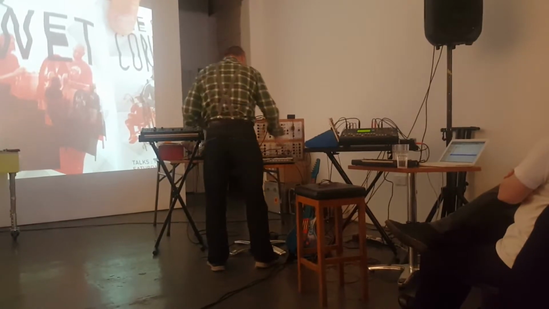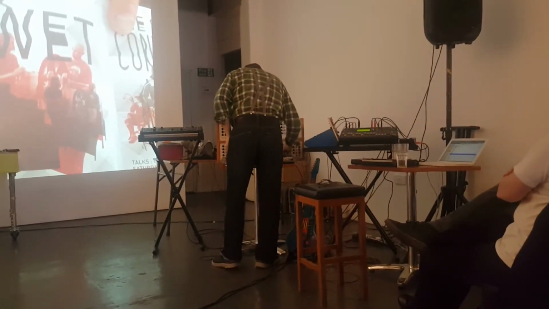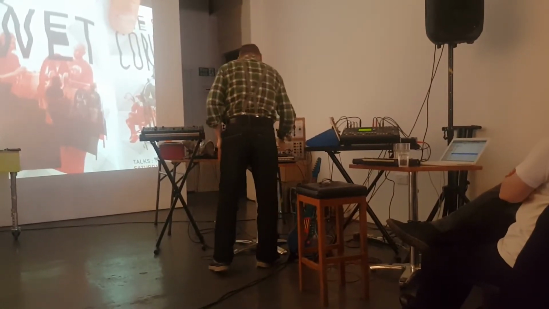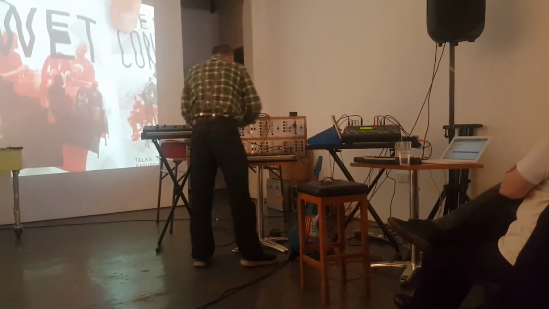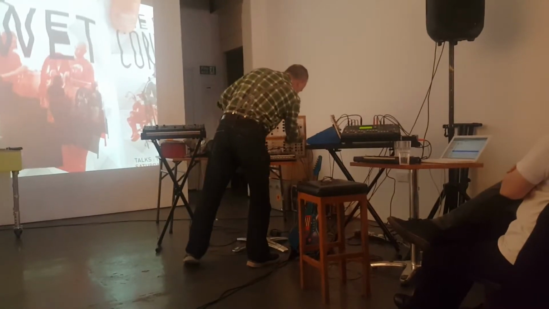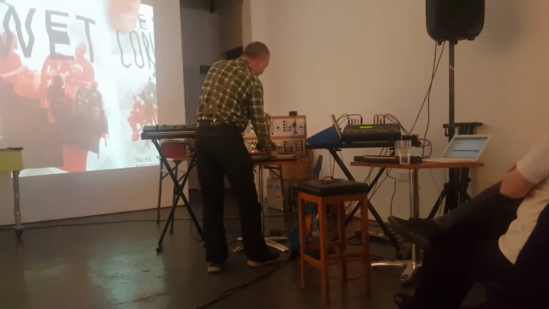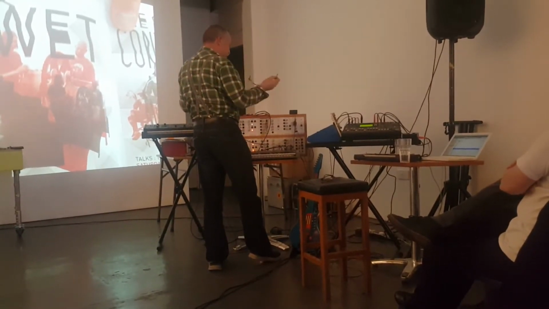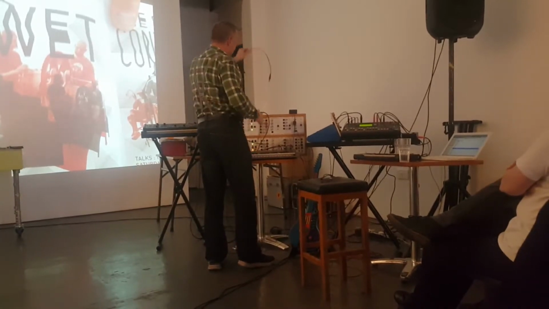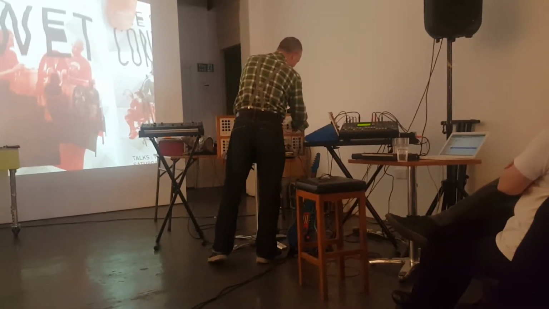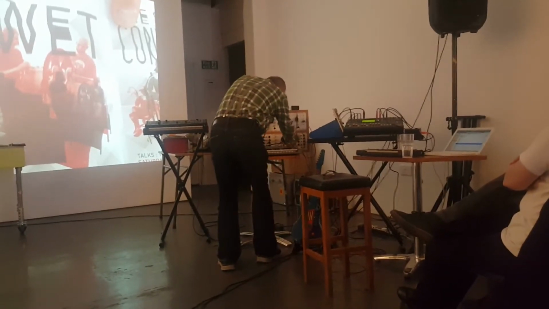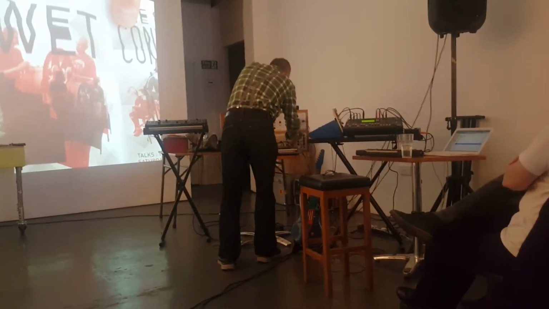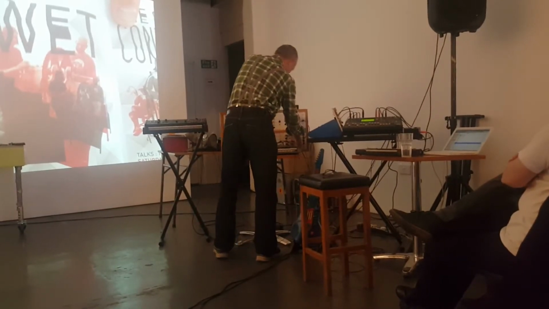So we get this gate, and I send this gate out into an envelope. This is my envelope there. I'm going to press it, the light should come on, yes. So it's not doing anything because I haven't patched it in yet. I'm going to patch that envelope voltage out. I'm going to patch it into the voltage controlled amplifier.